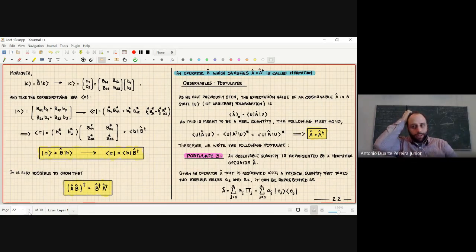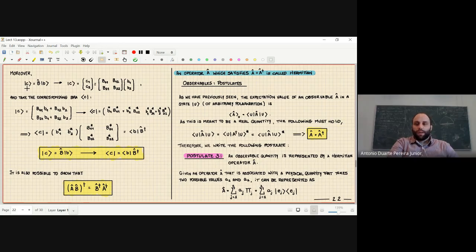Then I came back to this discussion of having a cat, which is defined by the action of a matrix on another cat. And I taught you how to extract the bra associated with this cat. So if you want to compute the bra of C, you first transform the cat B into a bra, and then you multiply it by the Hermitian conjugate of the matrix B, so B dagger.